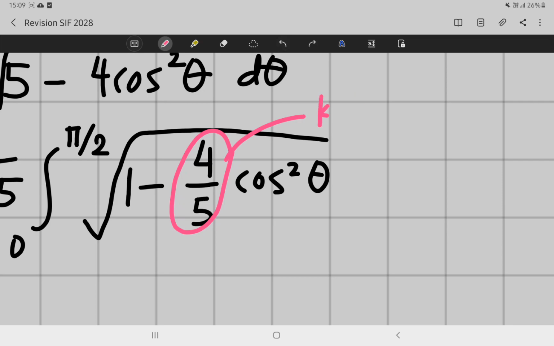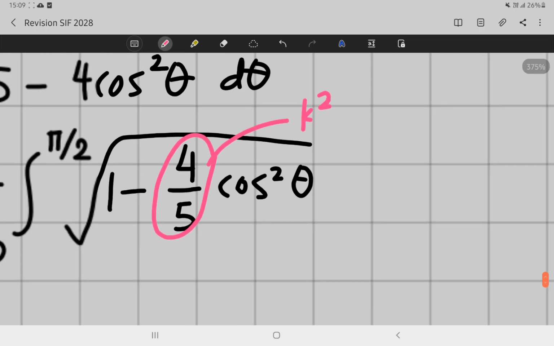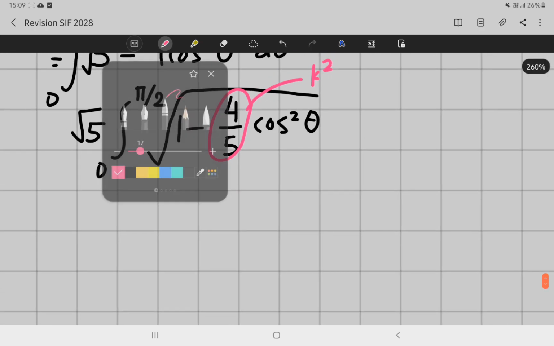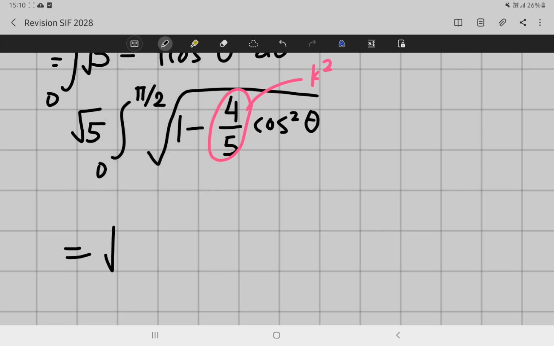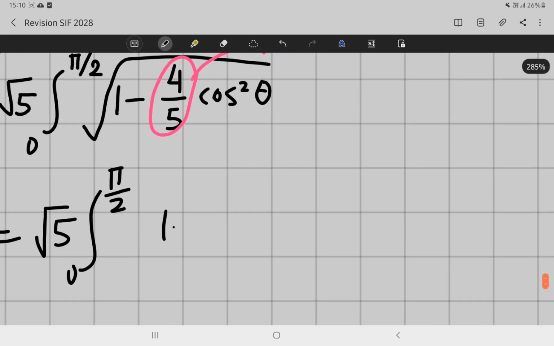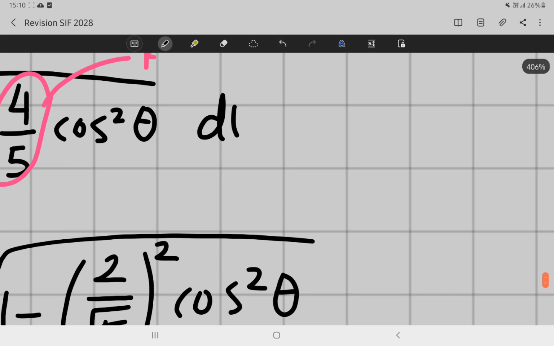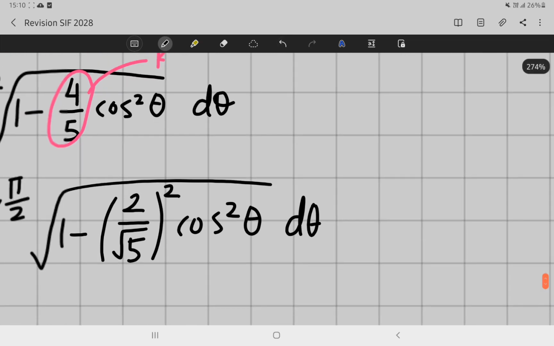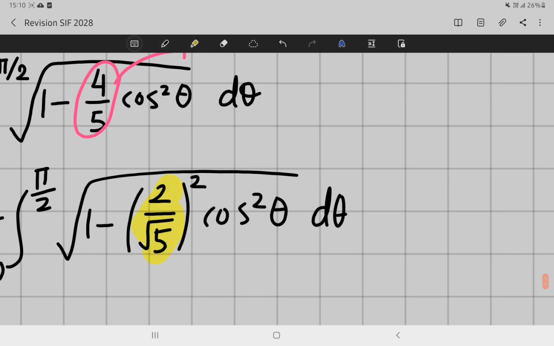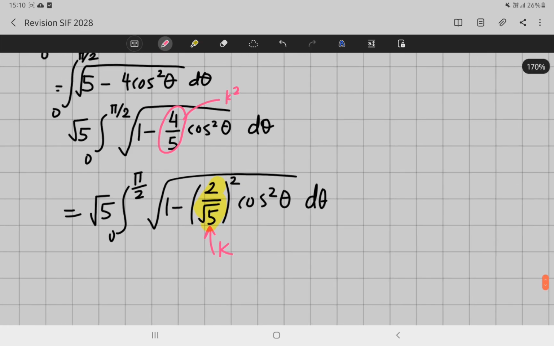So we can change it to square root 5 times the integration from 0 to pi over 2 of square root of 1 minus 2 over square root 5 squared, cosine square theta d theta, don't forget d theta. So this is our k value, 2 over square root 5.